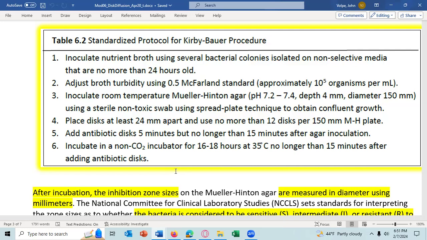And this way, if you're using the same antibiotic, no matter where you are in the world, whoever is doing the test should get similar results, meaning they should get a similar zone of inhibition for a particular antibiotic for that same bacteria. So if we're looking at E. coli and you're applying streptomycin, you should get a similar result from somebody else running the same test someplace else in the world.